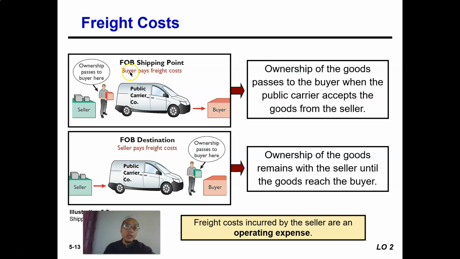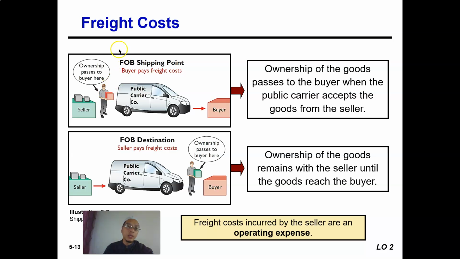In FOB shipping point, the ownership of the item transfers to the buyer at the point where the seller gives the item to the shipping company. According to the terms, at that point the item has already transferred to the ownership of the buyer.